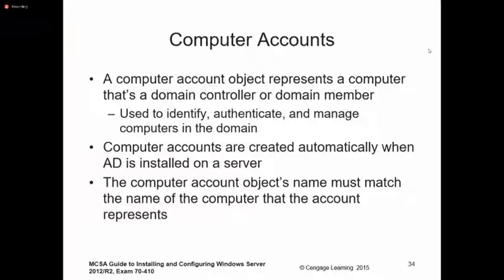So when a computer or server is added to the domain, you get the usernames and passwords from those computers when they log in. You see these computer account objects. The server will make sure those are the correct objects to which these permissions can be given.